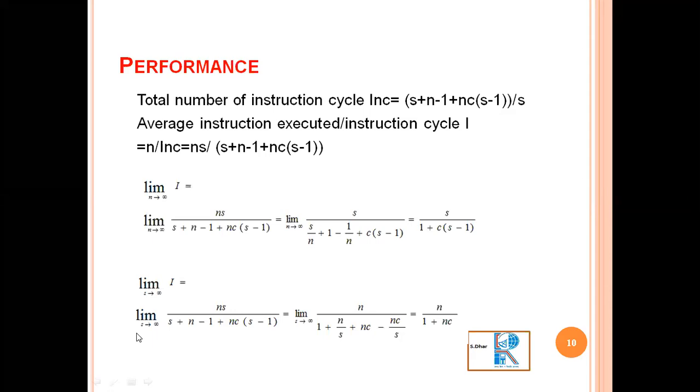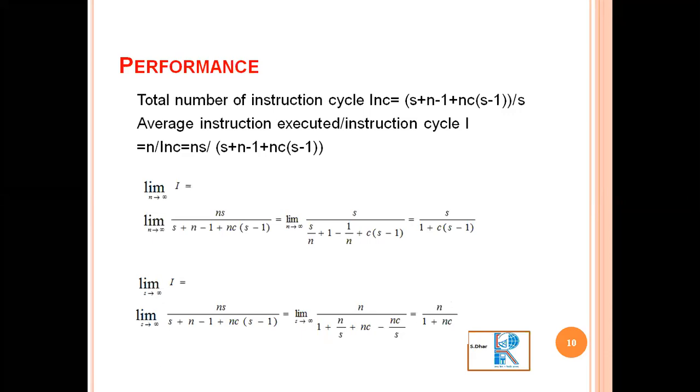So s tends to infinity. Same thing, we divide the numerator and denominator by s. So the expression is 1 plus n by s plus nc minus nc by s. These terms will be 0 because s is infinity. So this is the maximum speed up we can gain if the number of stages is infinity.